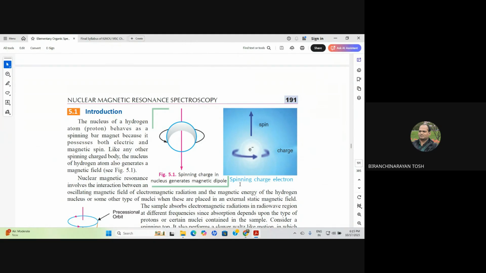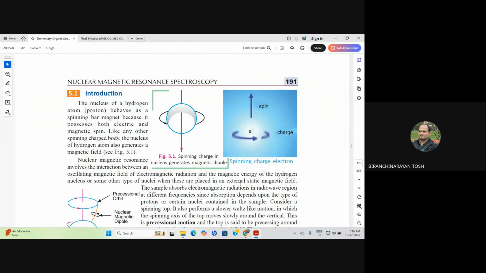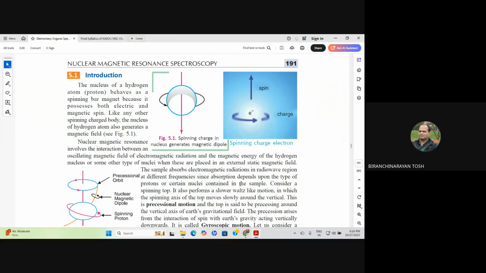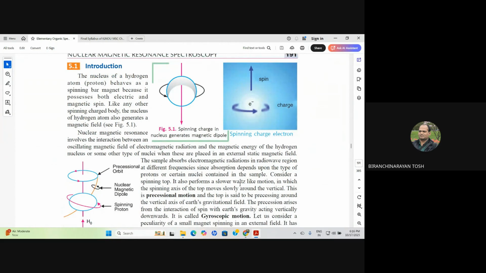The nuclei which contain an odd number of protons may make resonance with the external magnetic field. So the sample absorbs electromagnetic radiation in the radio wave region at different frequencies, since absorption depends upon the type of proton in the sample.